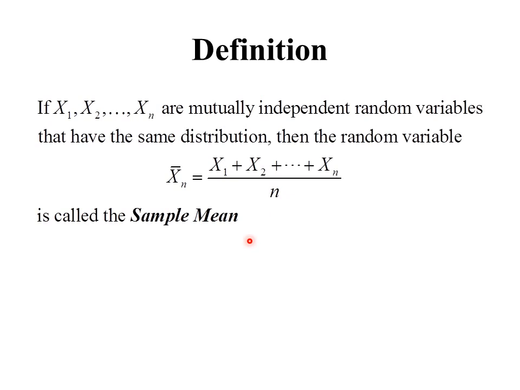We're going to hear this term come up in chapter 4, and you may have heard it in everyday language, but this is a bit different. This is a random variable that we call the sample mean.